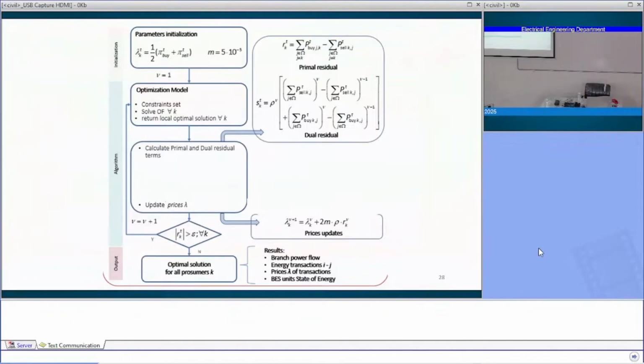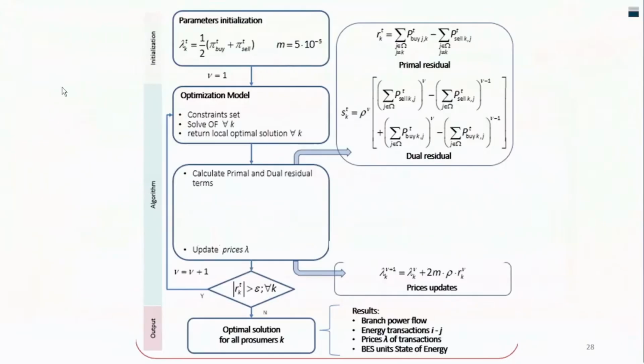And here you see the equation that we have implemented in order to update this lambda. The lambda at the further iteration, indicated here with n plus 1, is the lambda of the previous iteration plus something that multiplies this error.